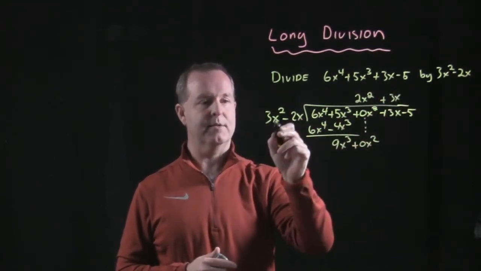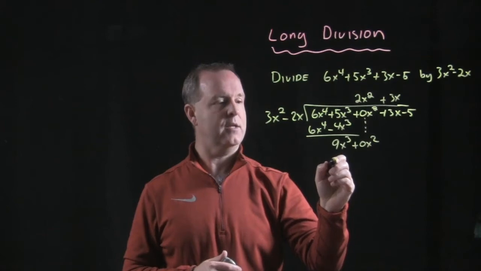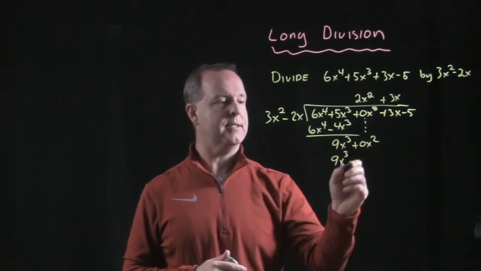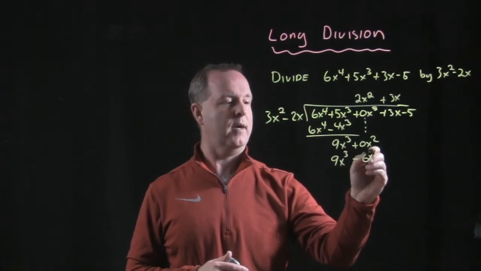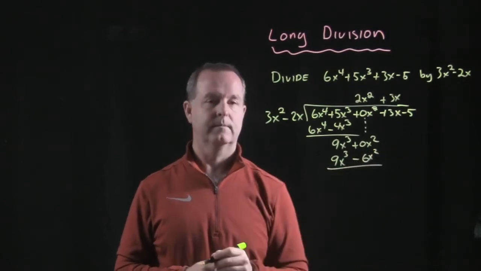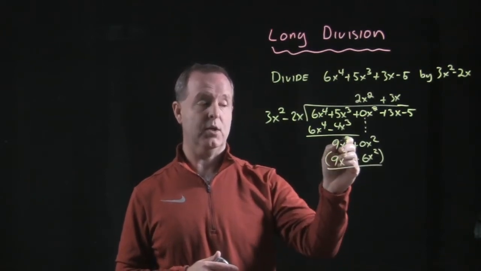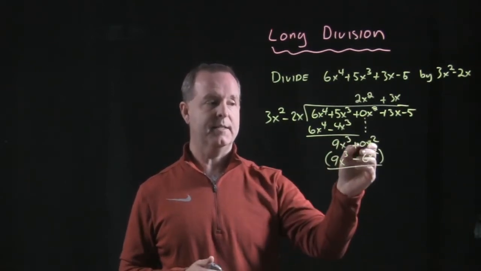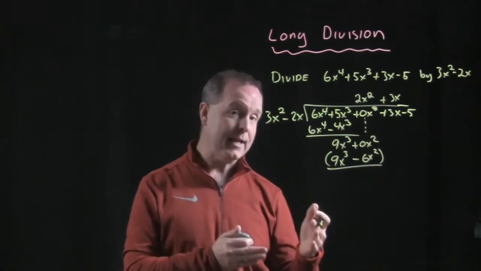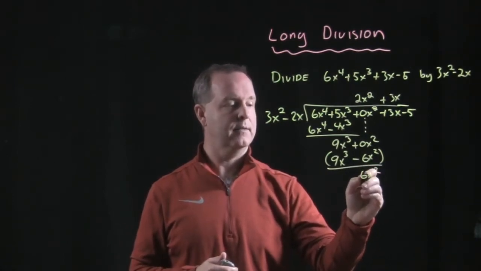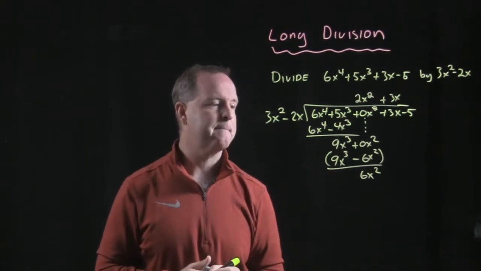So 3x times 3x squared is 9x cubed. 3x times a negative 2x gives me a negative 6x squared. Subtract this entire term from above. So 9x cubed, take away 9x cubed. 0x squared, take away a negative 6x squared, produces a positive 6x squared. Don't let that trip you up.